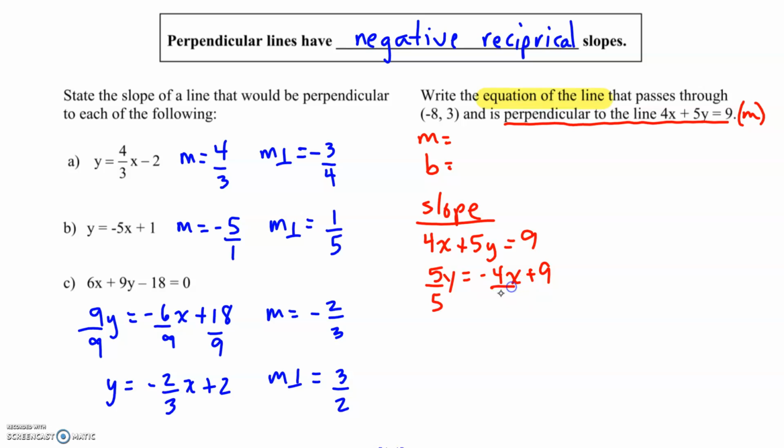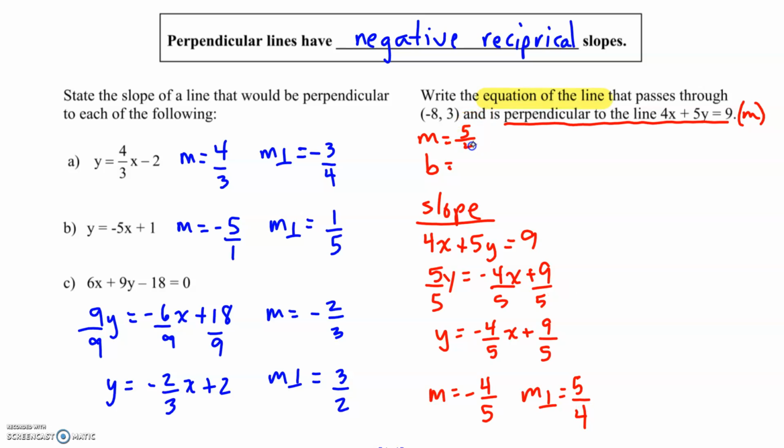I'm going to divide every term by 5 to isolate for y. And I have -4/5x plus 9/5. My slope of this line is -4/5. My perpendicular slope, I flip it, so it'd be 5/4 and positive.